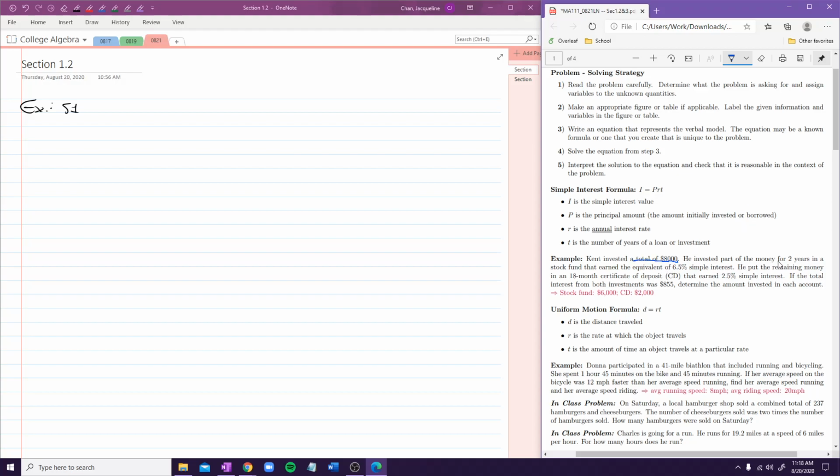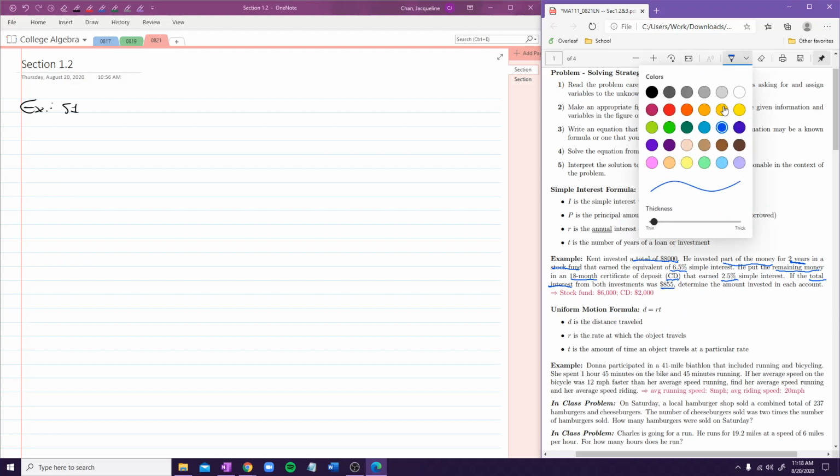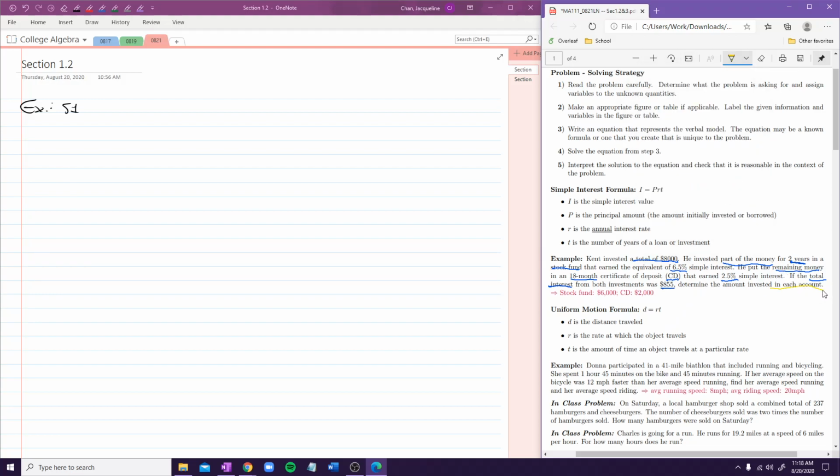He invested part of the money, for 2 years in a stock fund, and it earned 6.5% simple interest. He put the remaining money in an 18-month CD, and it earned 2.5% interest. If the total interest from both investments was $855. And our goal is to determine the amount invested in each account.